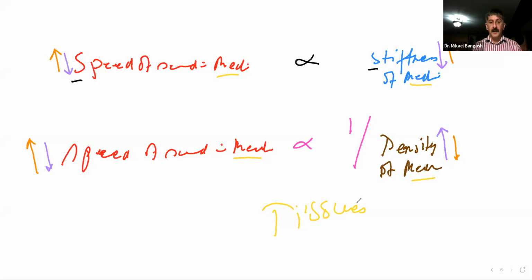Now you may also say that the stiffness is directly proportional, and density of a medium is inversely proportional to the propagation speed.